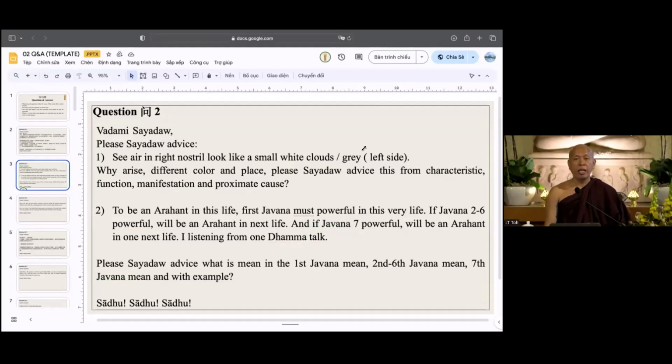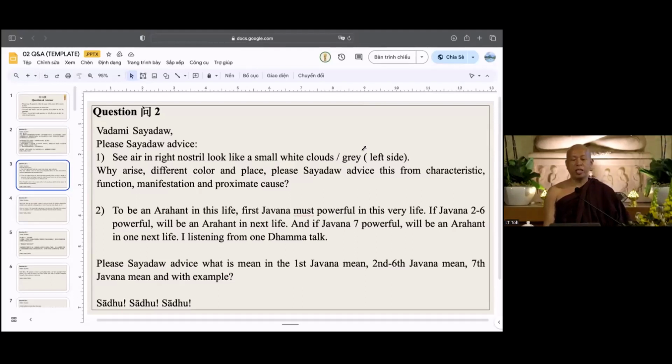In Pali we call it nanasanna, nanatta sanna, different perception. That's why whenever you see the nimitta or something, I recommend don't think about the color, the shape, the location. It will change a lot.